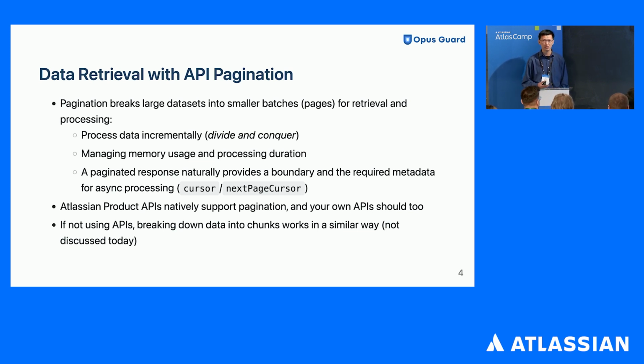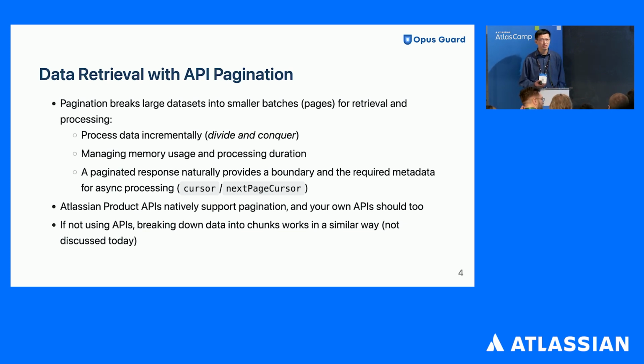It's a way of the Jira service and the Confluence service breaking down the data for us. It's kind of divide and conquer. It also allows them to manage memory usage on the server side, and it allows us as a client, as an app, to manage our memory footprint as well.